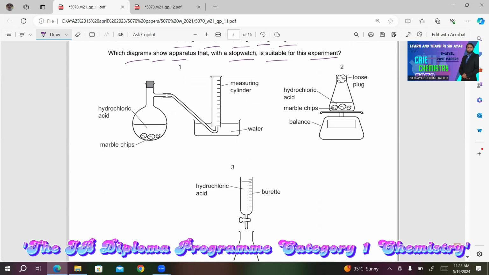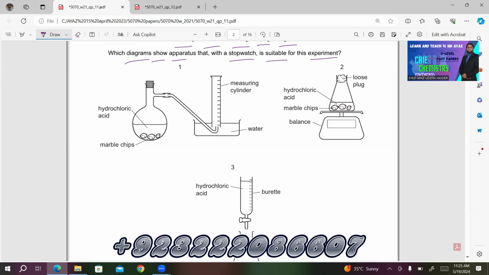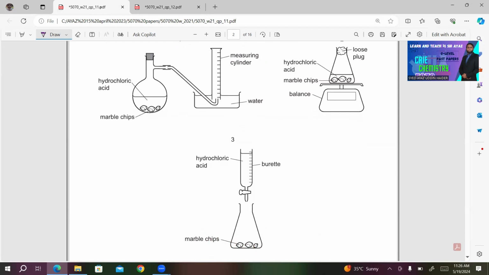Now here we have 3 diagrams. In diagram 1 you see hydrochloric acid is placed in a round bottom flask along with marble chips, and any gas collected will be in this water trough containing water and a measuring cylinder. Diagram 2 represents the flask placed on a balance, and the flask contains hydrochloric acid and the marble chips, and there's a loose plug on top of the flask.